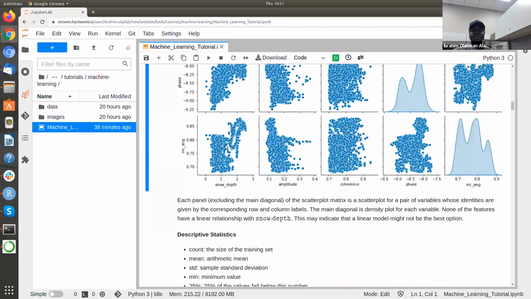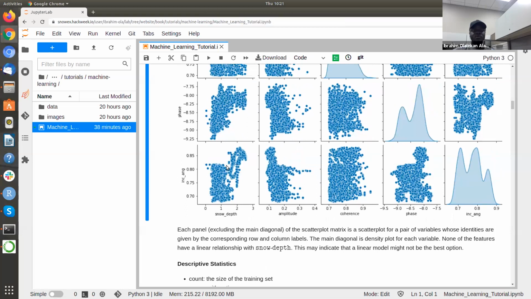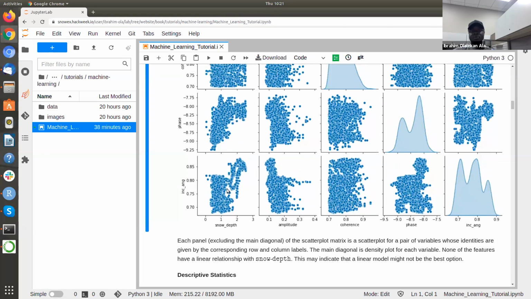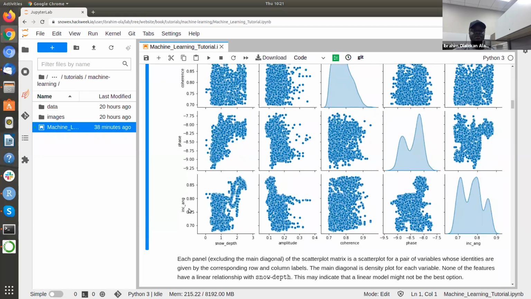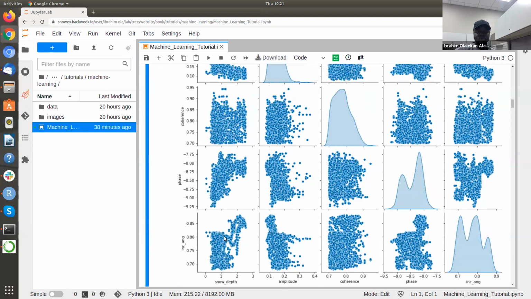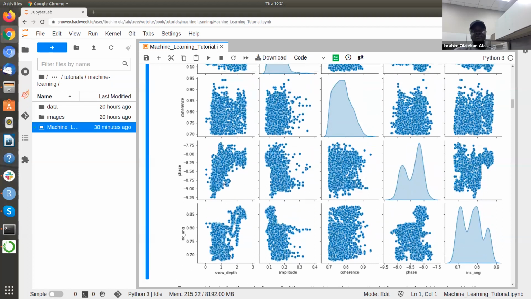Inspecting this gives us a way to look at how these variables are related. As an example, we do not see any linear relationship here. Most of them are nonlinear. For example, there's no linear relationship between snow depth and incidence angle, no linear relationship between snow depth and phase.